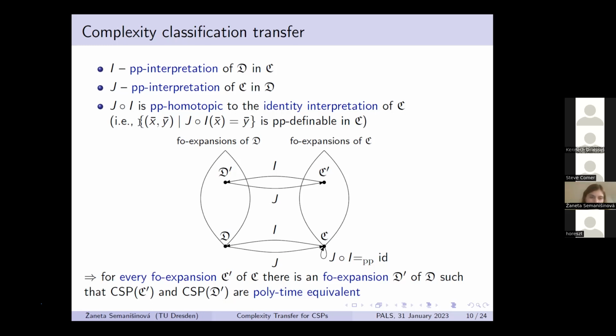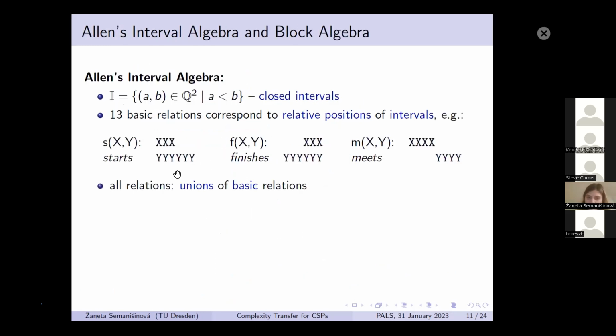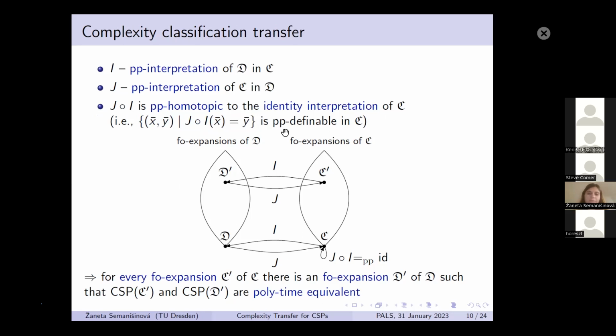And this means that this set here is primitively positively definable. But it's just some technical condition. We use this as a black box here. I mean, one has to prove this, of course, if you want to use it. And the thing is that if I understand first-order expansions of C, then if I satisfy these conditions, there is this relationship with the same interpretations with some other first-order expansions of D and vice versa.